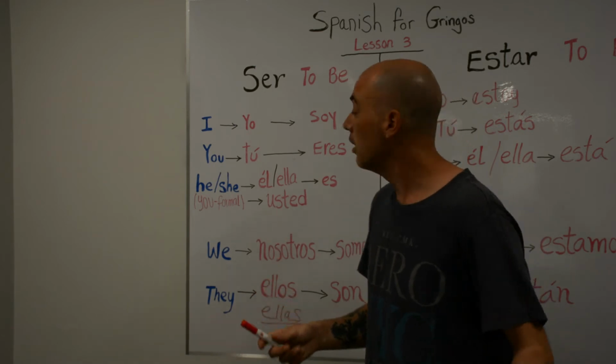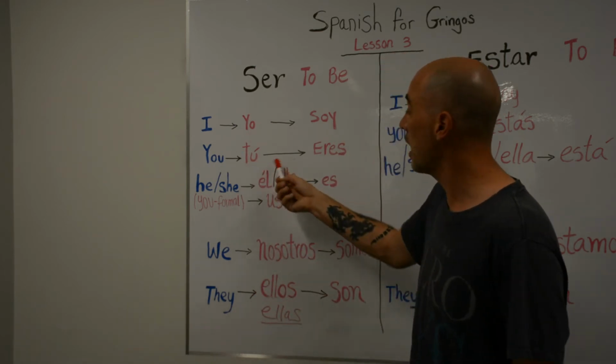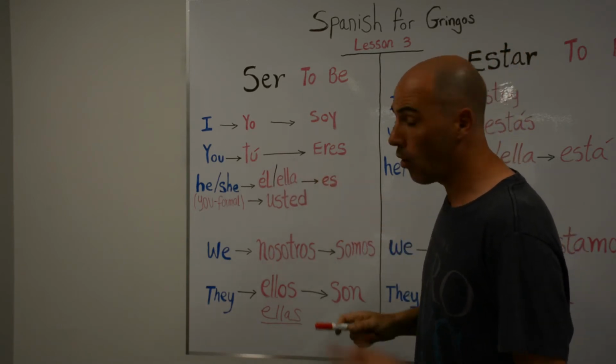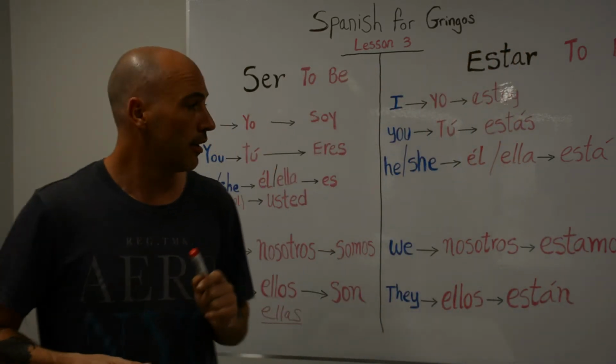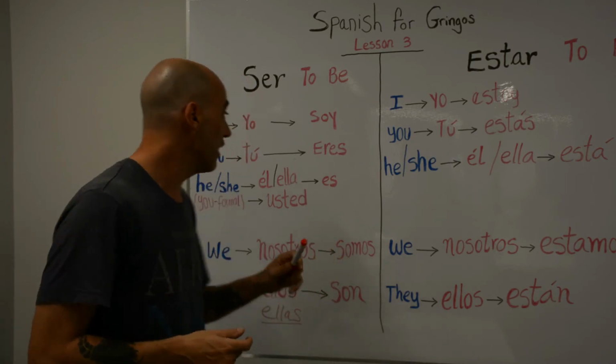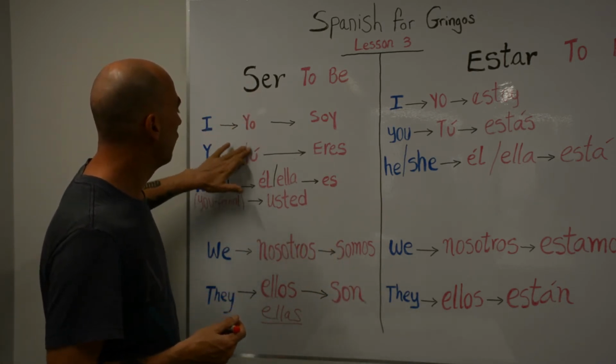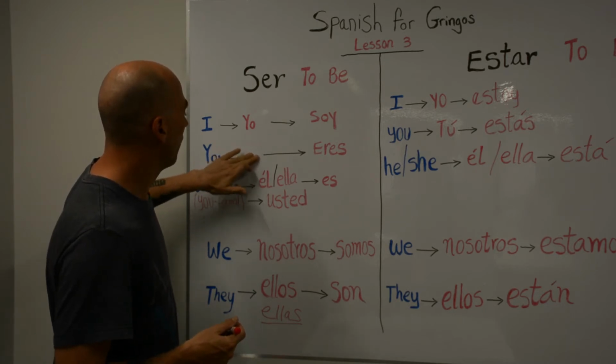So if you were to say you are, like you are Canadian or you are an American or you are tall, and you're talking directly to somebody, you could say tú eres. And in Spanish there's a shortcut, and I will just mention this very briefly and we'll get back to it. You don't have to say tú in the sentence.